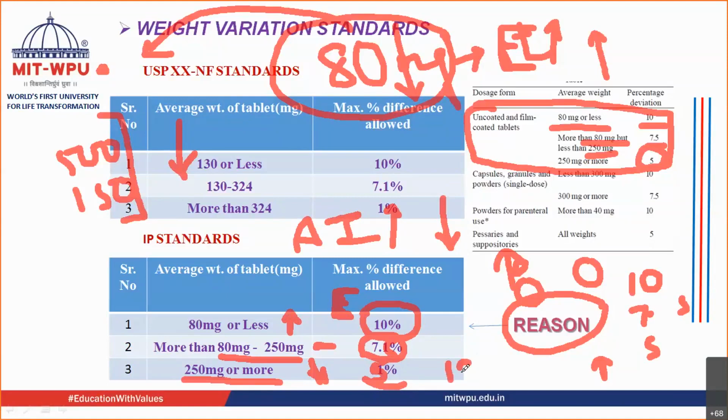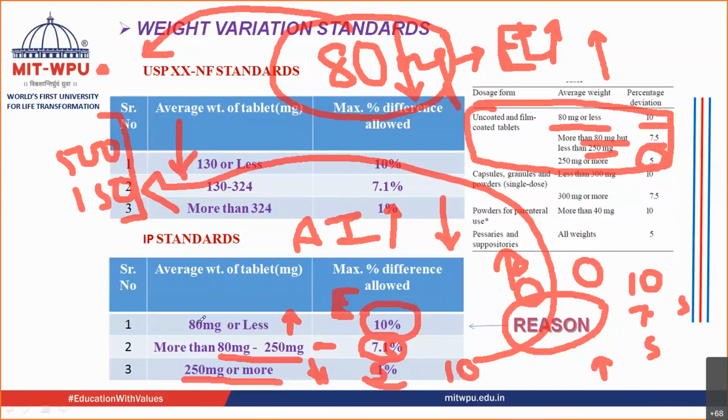If I allow a 10% variation here, then I am allowing 10% variation in the active ingredient, which is very, very high. Are you understanding this? So I am allowing more deviation, which is not good. You cannot allow 10% deviation for active ingredient.